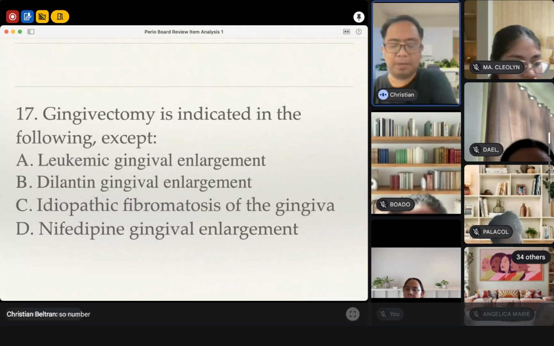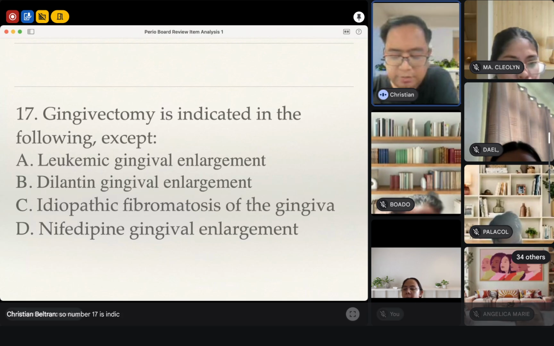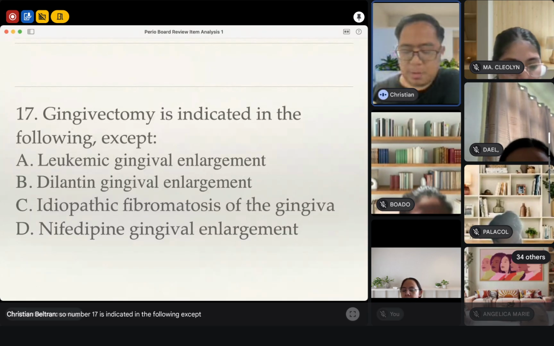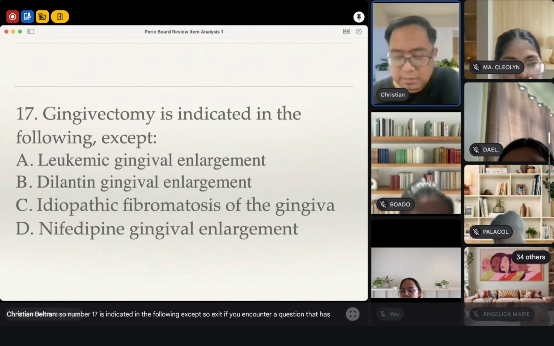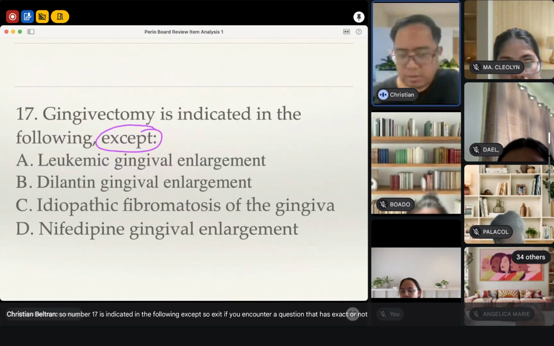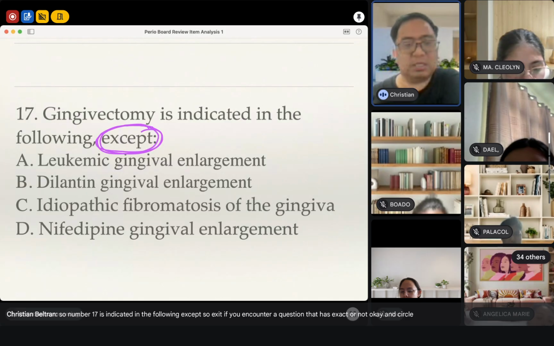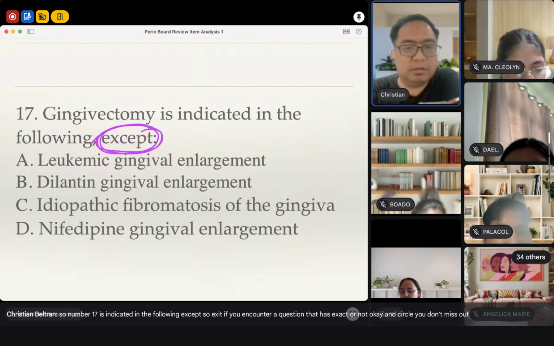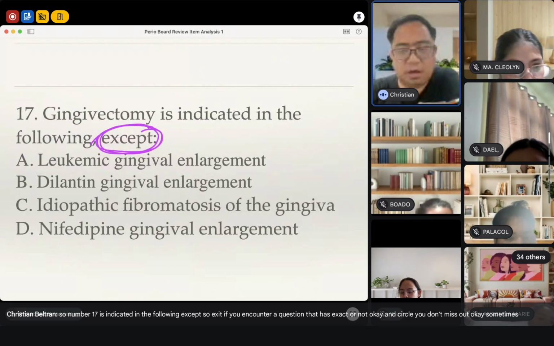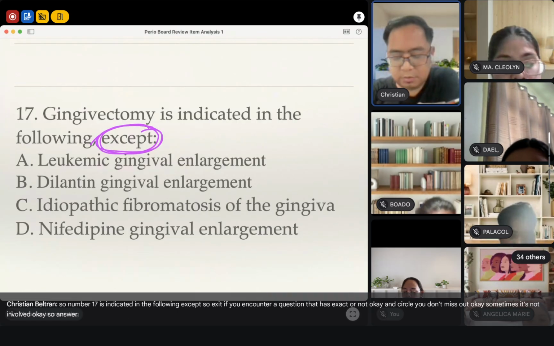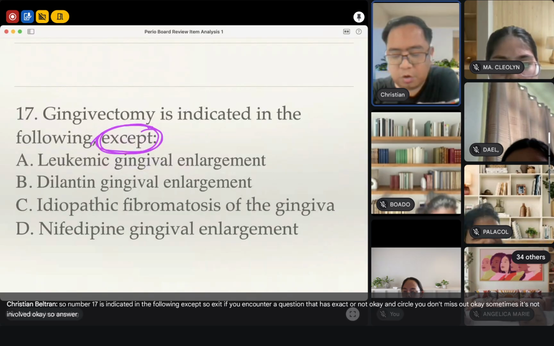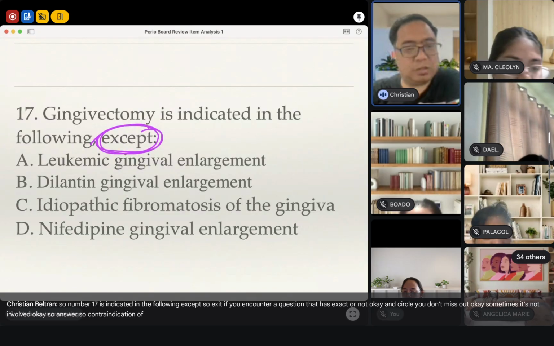So number 17, gingivectomy is indicated in the following except. So except, if you encounter a question that has except or not, encircle nyo na siya para you don't miss out. Sometimes kasi hindi siya all caps. Sometimes it's not in bold. So encircle nyo na. So, contraindication of gingivectomy.